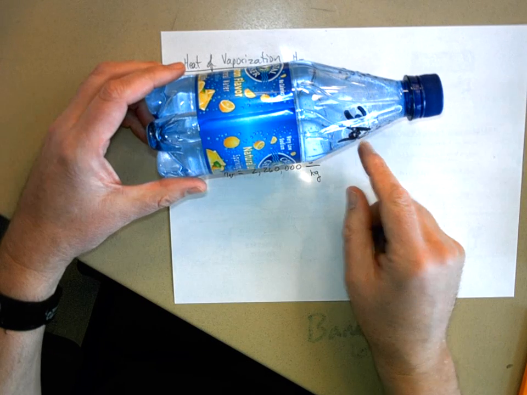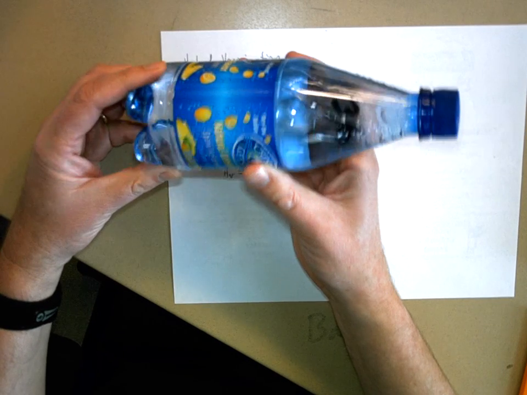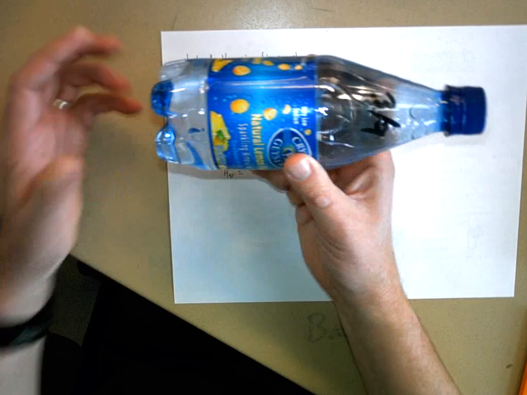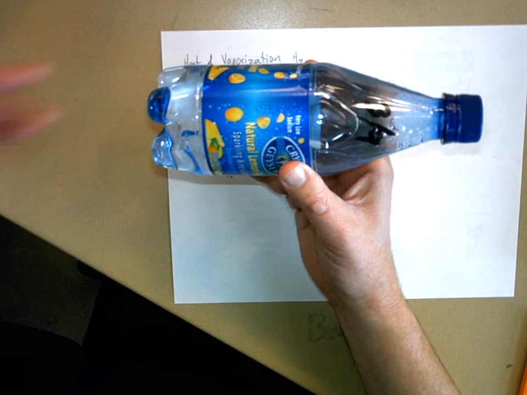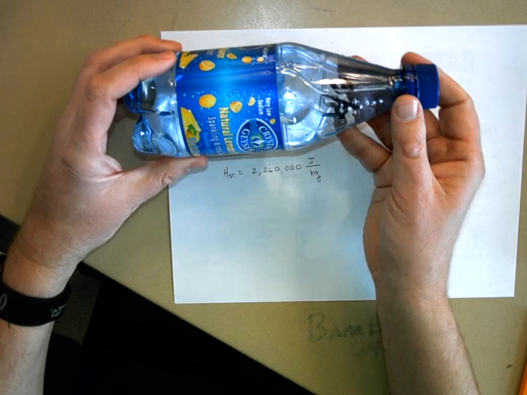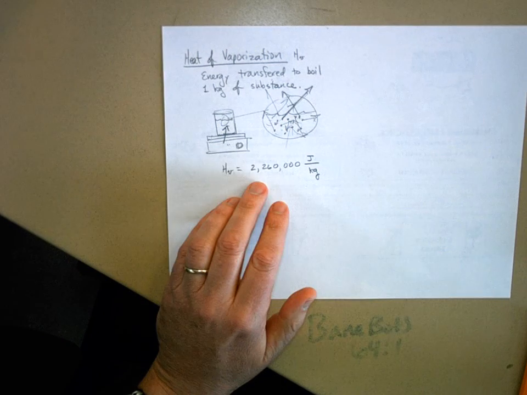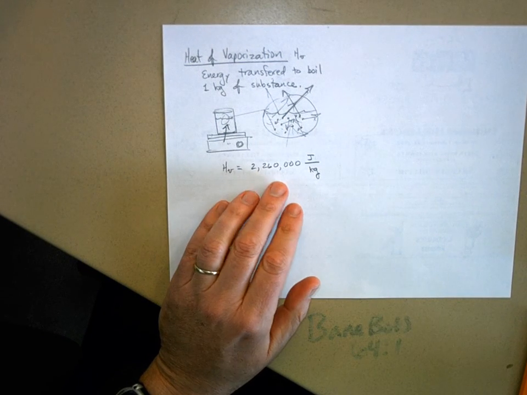So if I wanted to put this on the stove and boil it away so that it's gone, well, it's not gone. What is it? It's now a vapor in the air. If I wanted to boil this much away, well, it would take about half that much, or 1,130,000 joules.